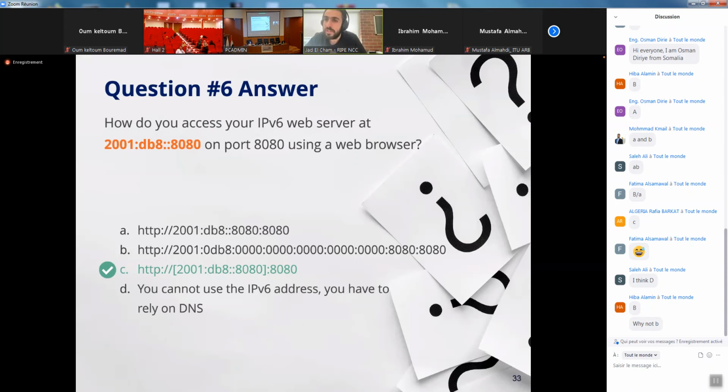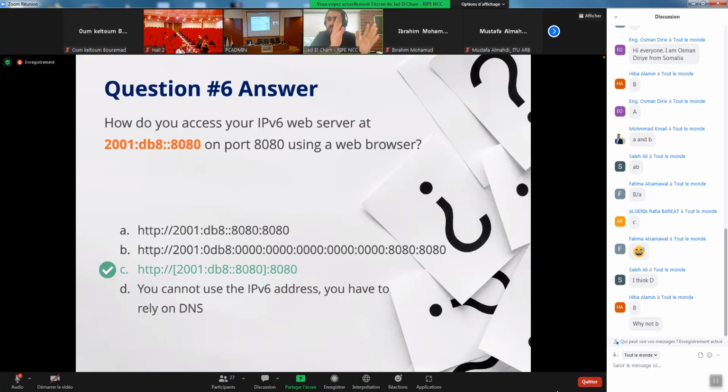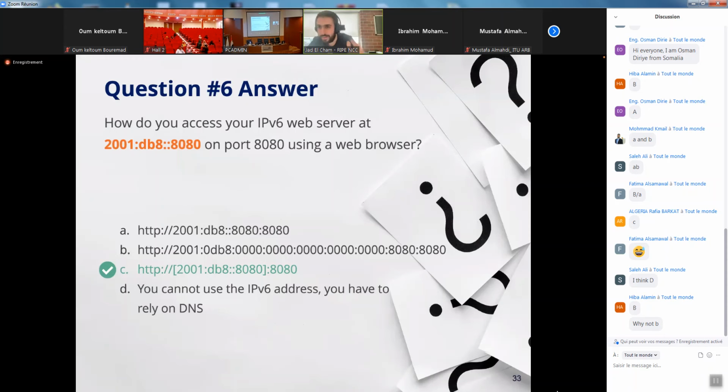How can the browser be sure that this is the IPv6 address, and this is the port? What if you're not using a port? How would the browser know that this is just an IPv6 address, right? So maybe even though you wrote all of it correctly, the browser might think you made a typo. Maybe instead of 8 groups, you wrote 9 groups. So the browser cannot decide on this.